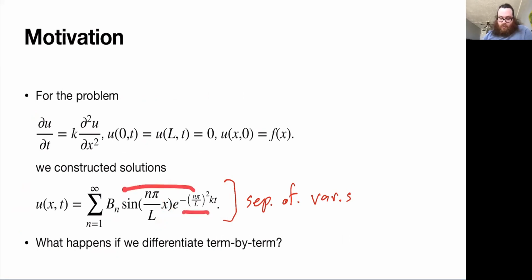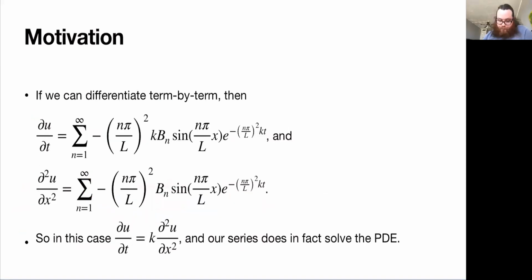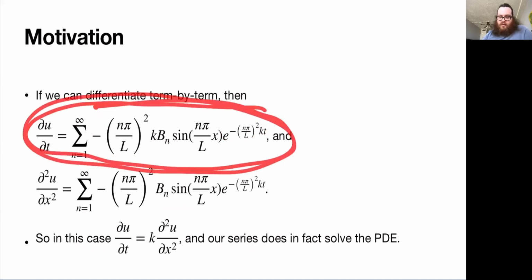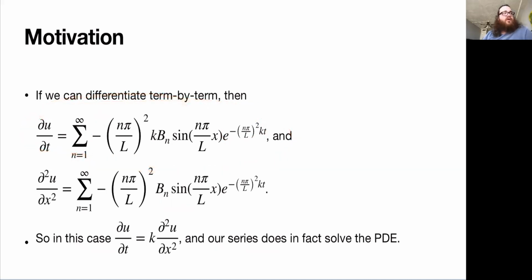This constant is going to come down, and so we pick up a minus n pi over L quantity squared times k, sitting right in front. So we take the t derivative, this piece comes down, and that's exactly what's written here. If we can differentiate term by term, this is the series that we end up with for the time derivative of u.